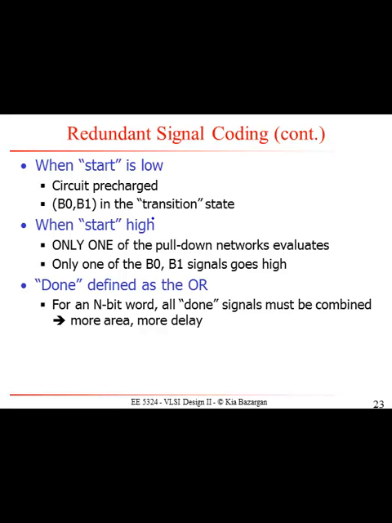One important point is in the previous slide, we only had one bit, B0, B1. But if you have an n-bit adder, you have to OR all of them because you want to make sure that every single one of those sum signals is done before you tell the next logic that it can go ahead and fetch the value.